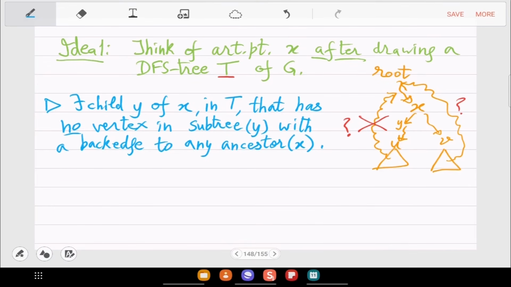Okay, so let's read this. This is the hypothesis that this picture depicts: X has many children in the DFS tree, and there is a child, we call it Y, that has no vertex in its subtree with a back edge to any of the ancestors of X. When this happens, I want to claim that X is an articulation point.